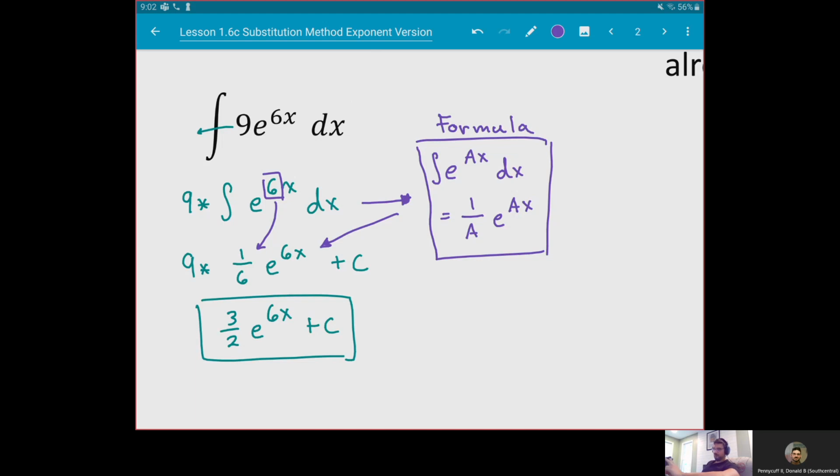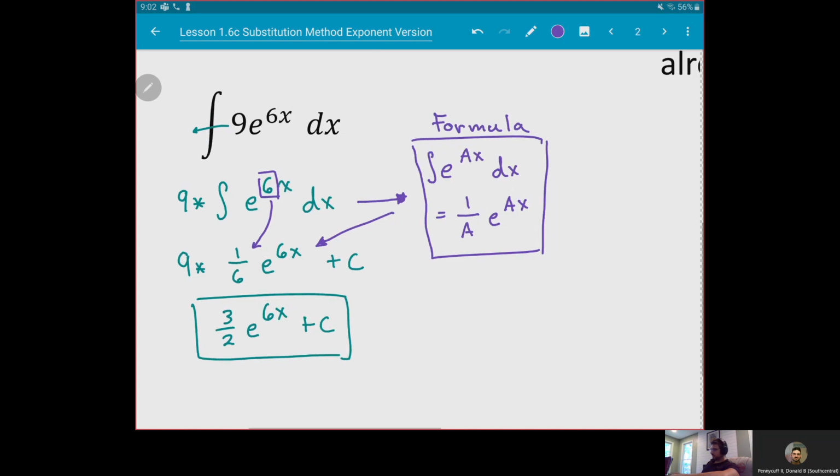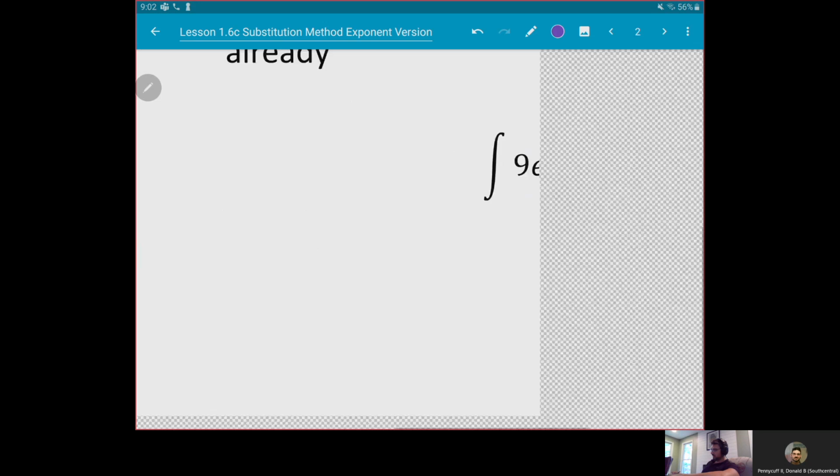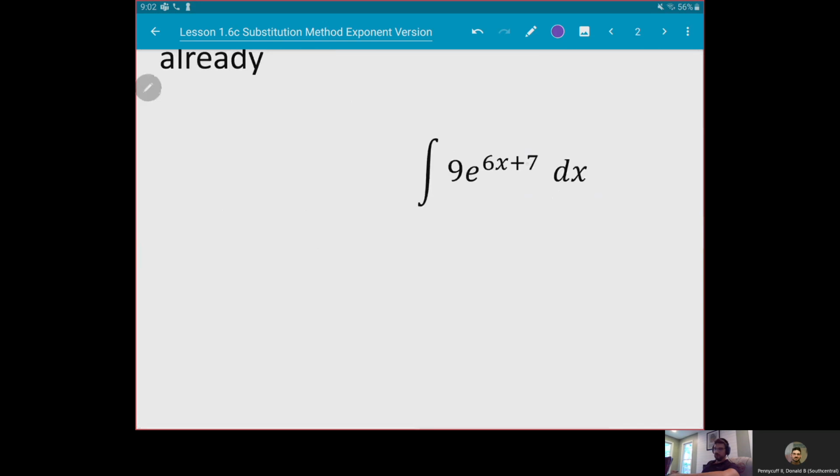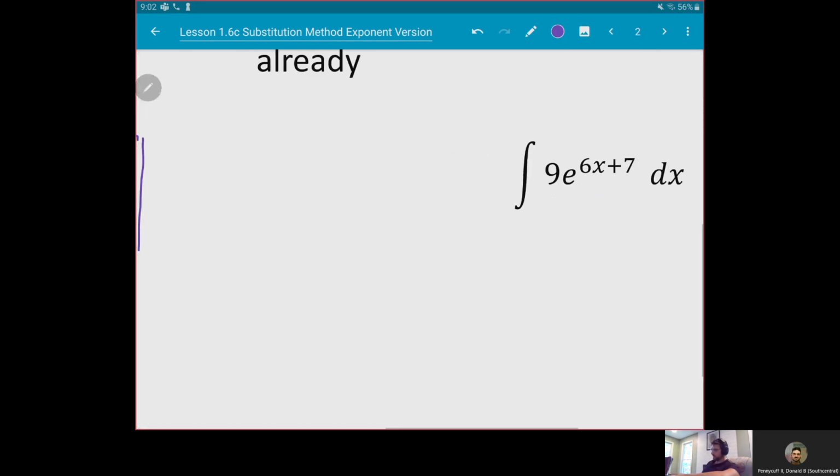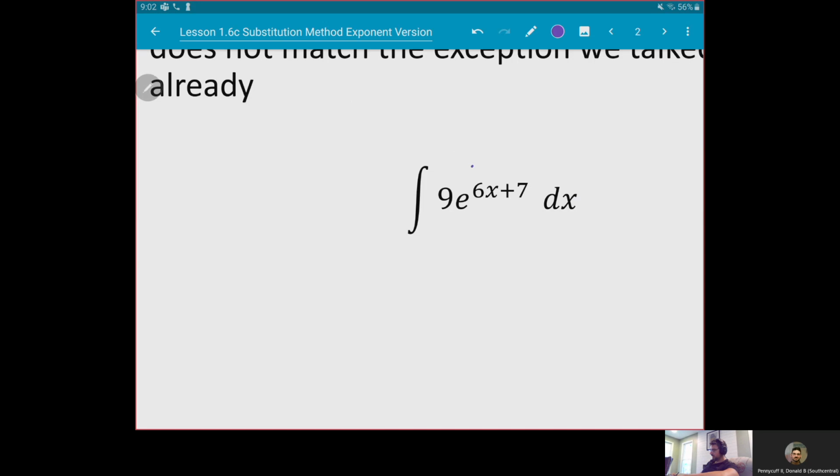Okay? The second thing, there's nothing else up here. That is a 6x. If I throw in, like I did over here, another number, 6x plus 7, now it no longer fits the formula. The formula is e to the ax, not e to the ax plus something else.